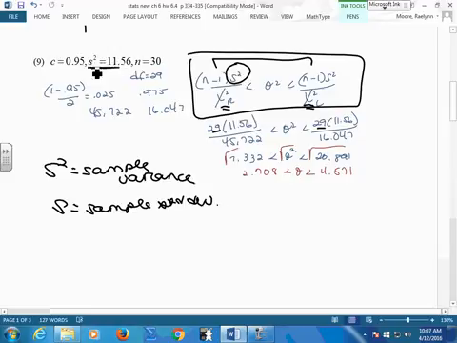So I just take S squared out of my formula, and I plug in 11.56. I have the variance. We're doing this interval for a population variance, because we don't know what the population variance is. So we're setting up your confidence interval for a population variance based on our sample.